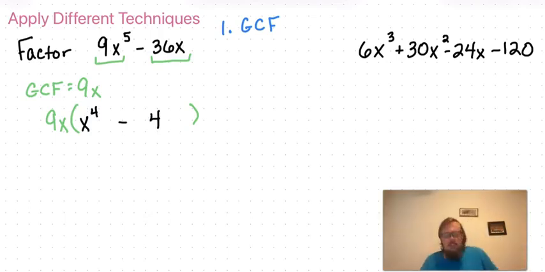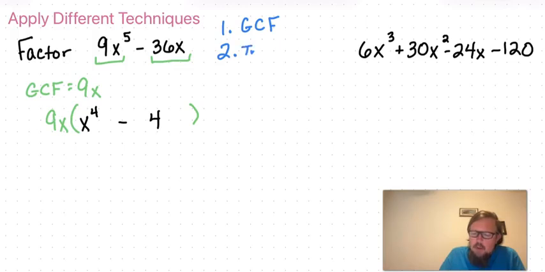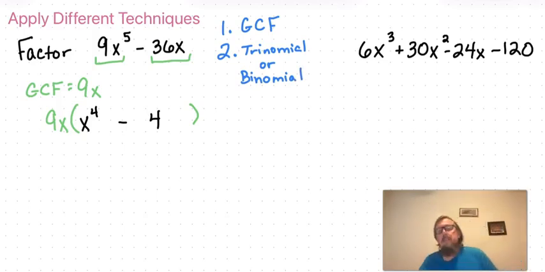After we factor out a greatest common factor, then we start looking for another factoring technique. And so question number two is, is this a trinomial or a binomial? If it's a trinomial, we are usually going to go for two parentheses.